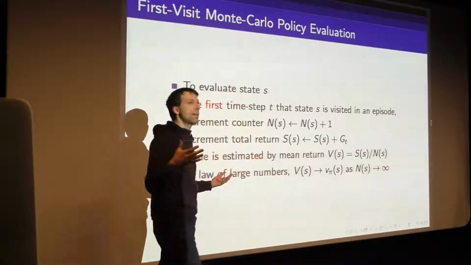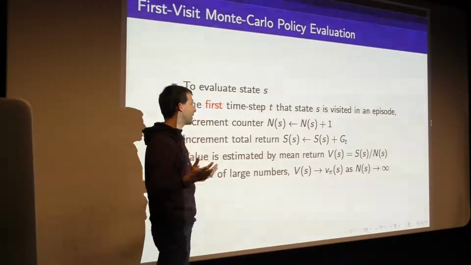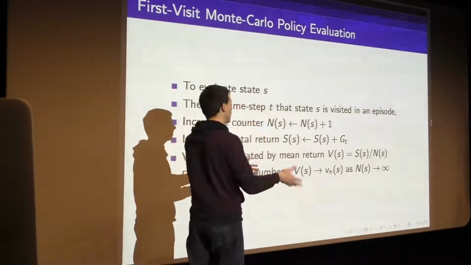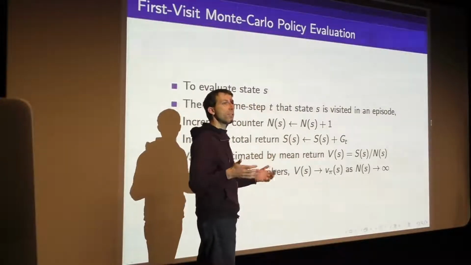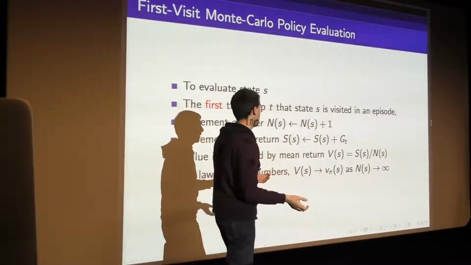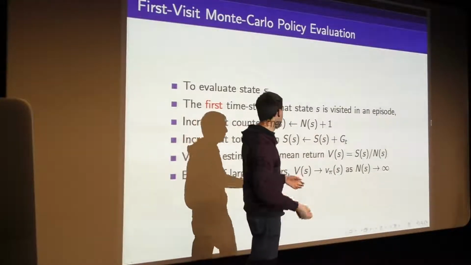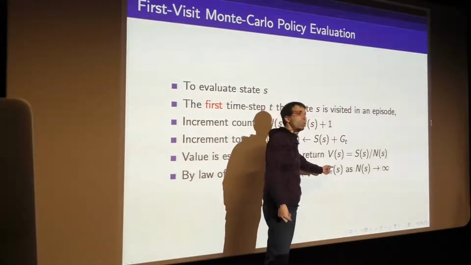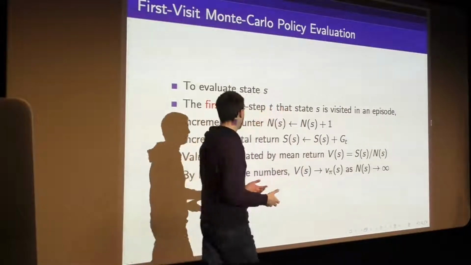And all we're going to use is a very simple mathematical result, which is the law of large numbers, which says that when you take a mean of a bunch of IID random variables, the mean of those random variables does approach the true expectation. So that tells us that if we randomly sample enough episodes, this very simple idea of Monte Carlo learning really will converge on the true value function for our policy as we get more and more samples.